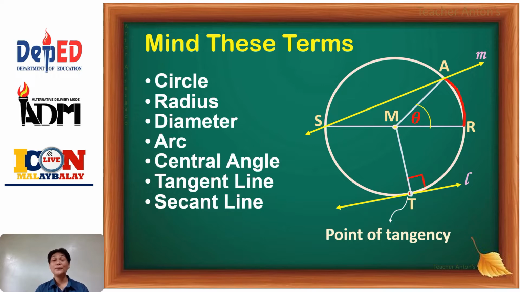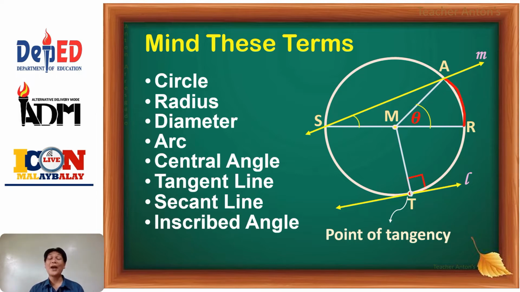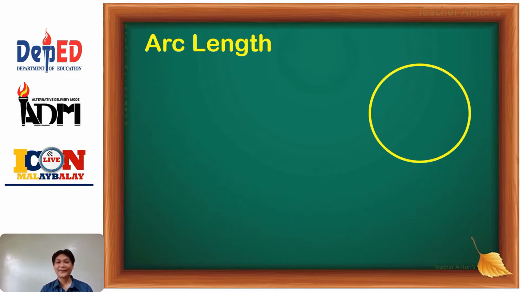And also, we have the inscribed angle. Say we have there the angle ASR. An inscribed angle is formed by 2 chords of the circle. Please don't forget these terms. Let's go to the lesson proper.